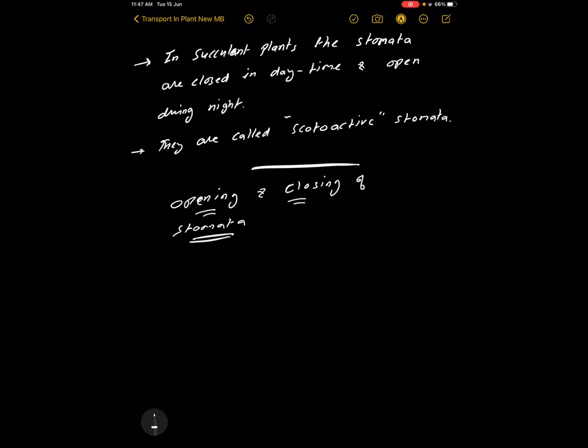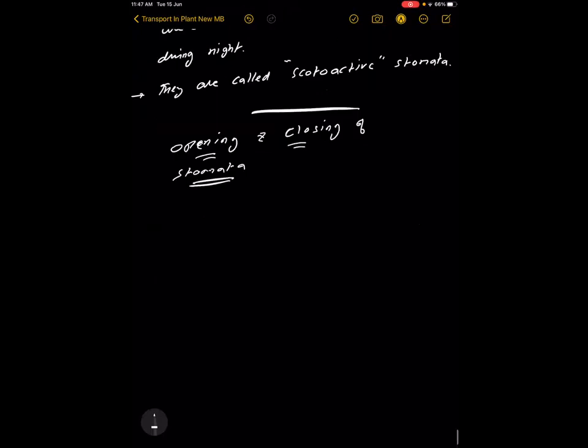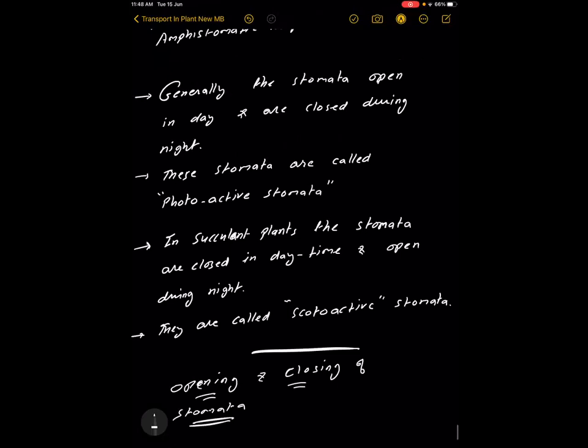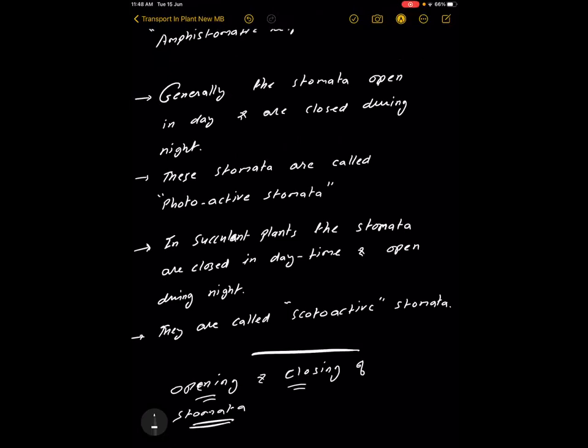One theory is the active potassium transport theory, also called the potassium ion exchange theory. This theory was proposed by Levitt.